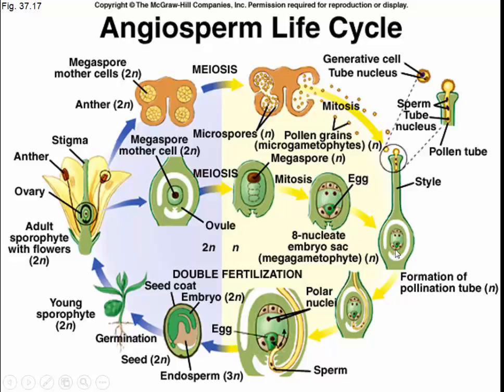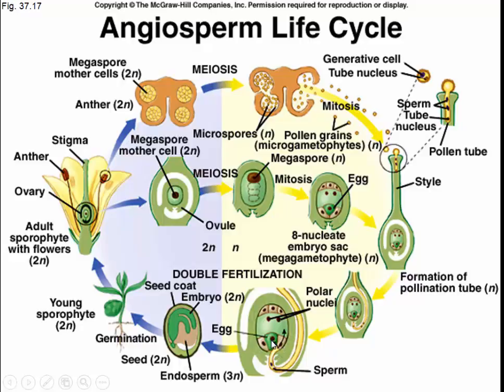The embryo sac in the ovule of the ovary will then be fertilized by the 2 sperm nuclei that are delivered to the egg and to the primary endosperm nucleus.